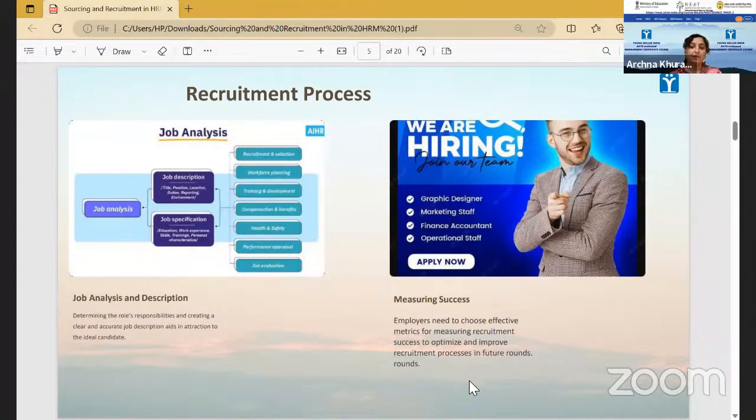All these things are really important factors. Now we were talking about how we do the recruitment process. Campus placement is also part of a recruitment process that can be followed, which can be part of an external source.